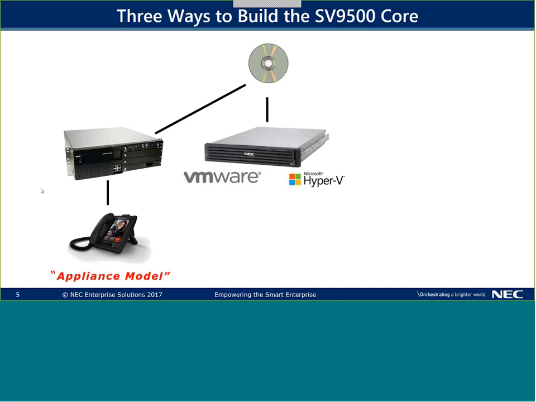But another approach that we can take is to use what's known as a fault-tolerant server manufactured by NEC. And we can preload that server with VMware, Hyper-V as required, including all of the operating system and all of the applications for the SV9500 itself, as well as the applications.